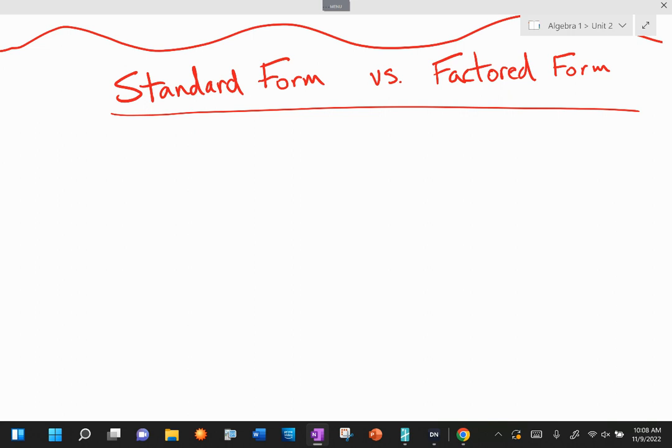Standard form versus factored form. Okay. So let's say we have x squared plus 2x. This is a binomial that you were given. That one is in standard form. The factored form of that, I will show you in just a second. Let's say we also have x squared plus 5x minus 24.